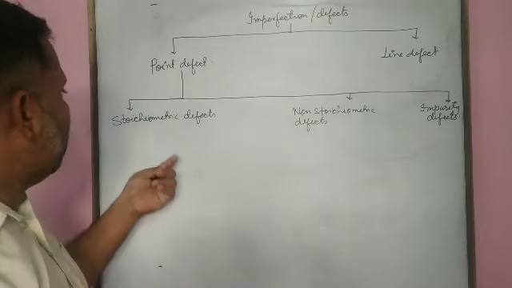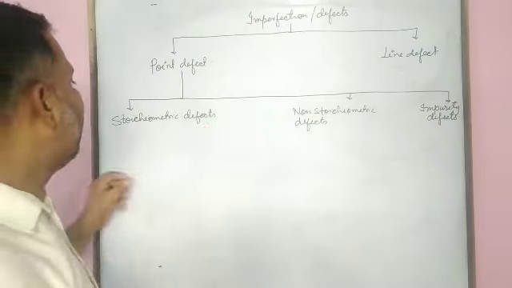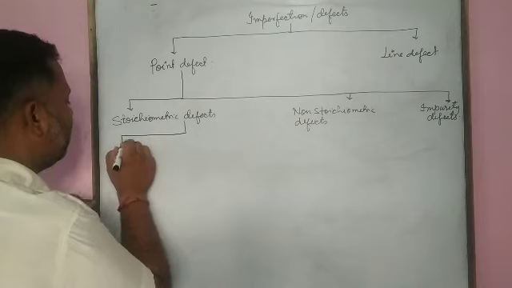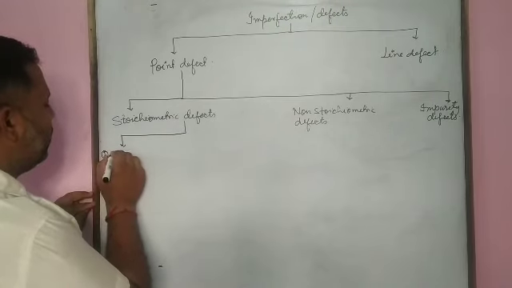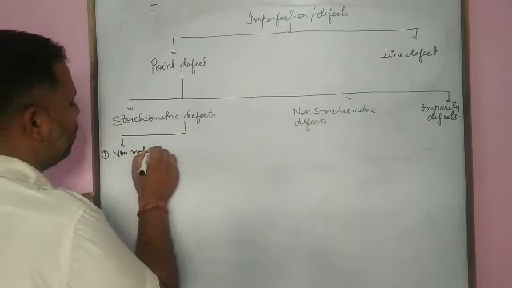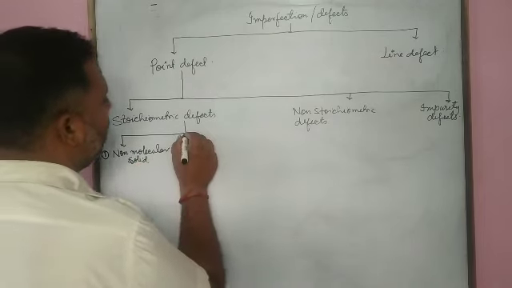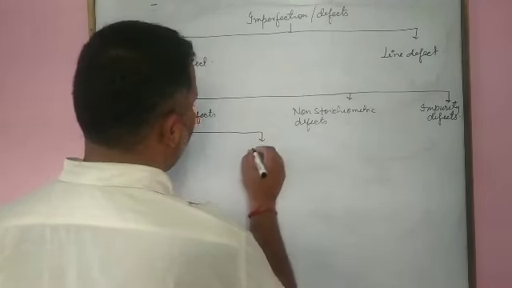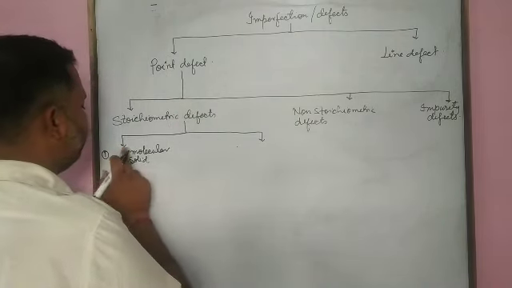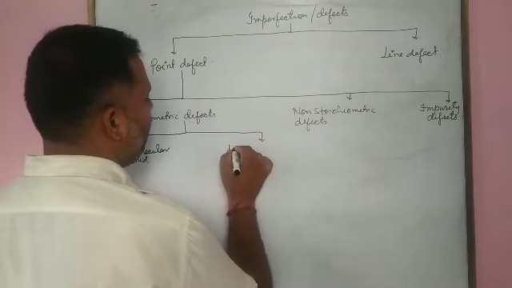The stoichiometric defect, based on the type of solid in which it occurs, is of two types. The first one is in case of non-ionic or molecular solid, and the next one is in ionic solid.